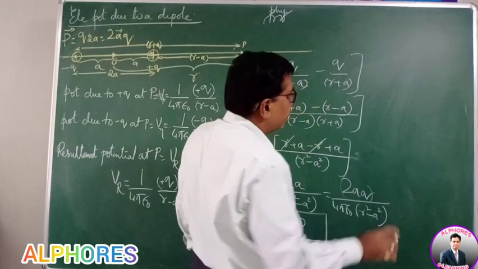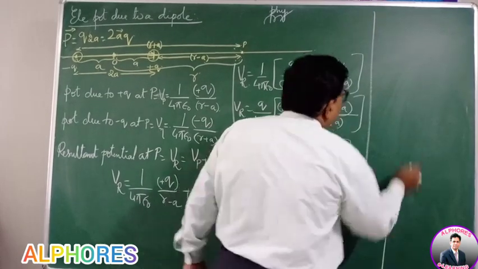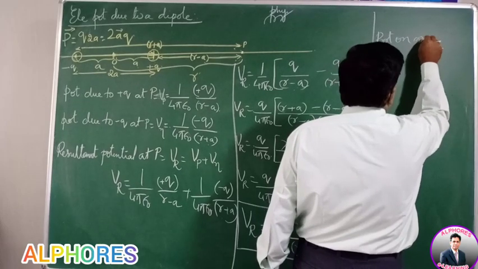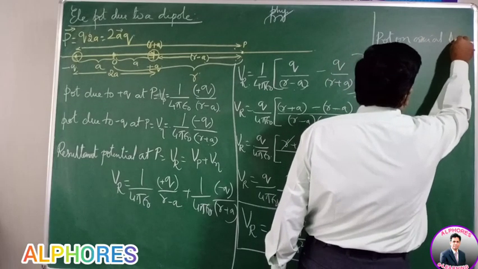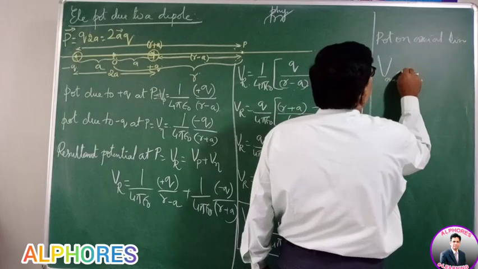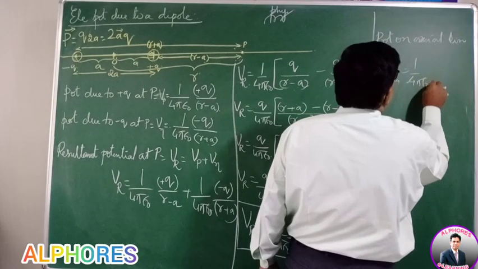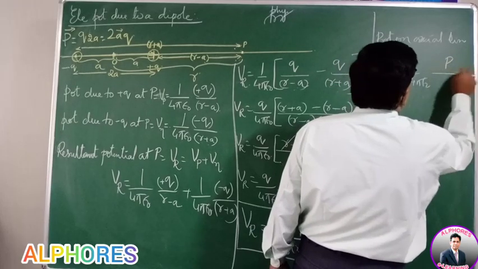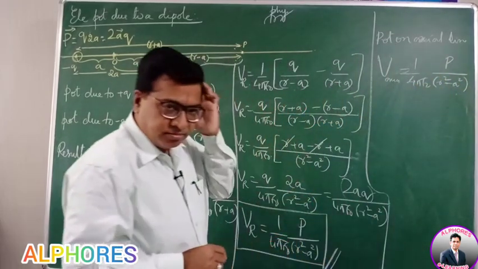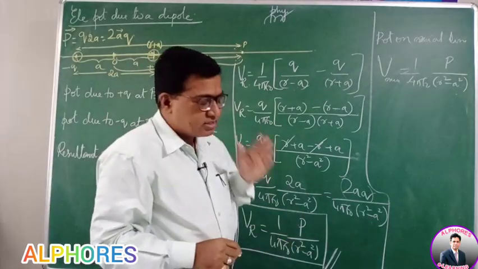The formula for the potential on the axial line of a dipole: V on the axial line is 1 by 4 pi epsilon naught P by R square minus A square. So this is the formula.